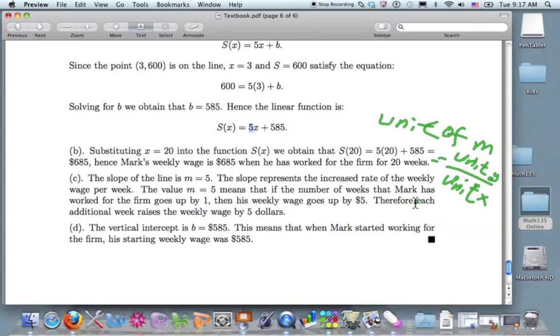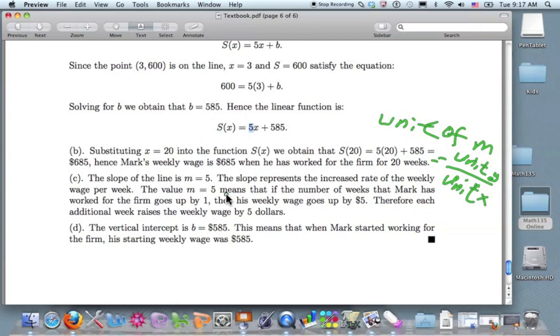Here the unit of x is number of weeks, so we have weeks. And the unit of y is dollars per week. So if we divide, we get dollars per week over week.